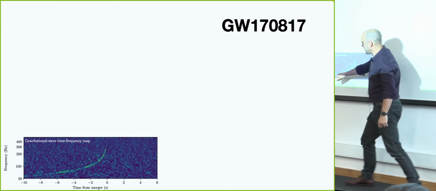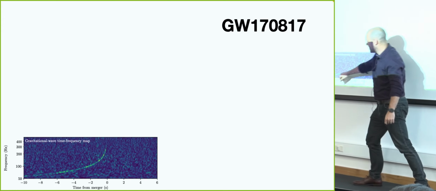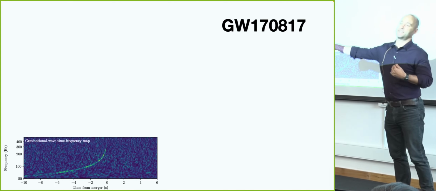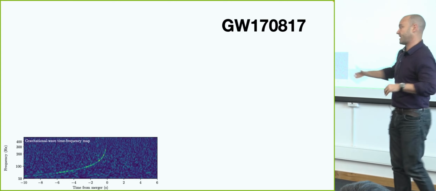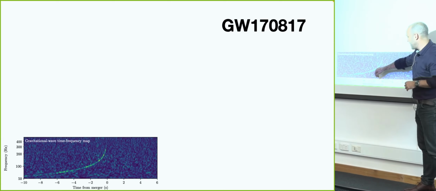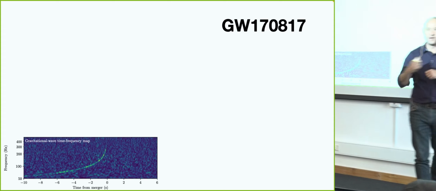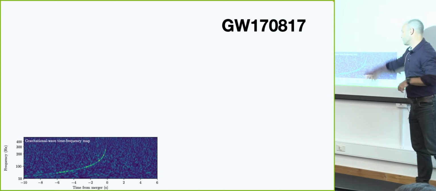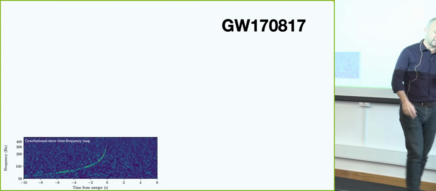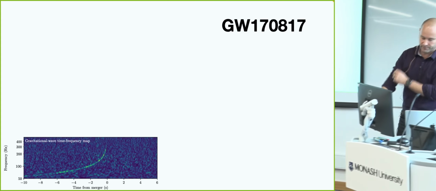And you can see this very characteristic chirp shape that it makes. It starts off here at around about 60 hertz, but of course, we're sensitive down to about 30 hertz, which is why it's in our band for so long. And then it very quickly rises through the band in the last sort of death throes of that merger before merging at t equals 0. And we in fact lose it at around about 400 hertz, which is something to keep in mind for much later on in the talk.